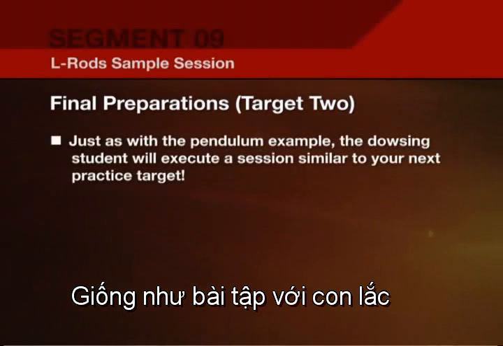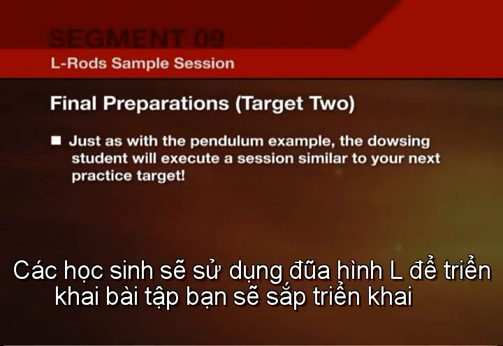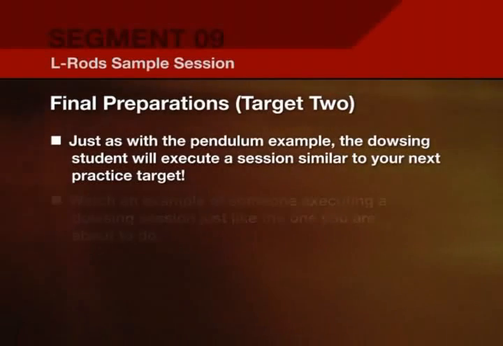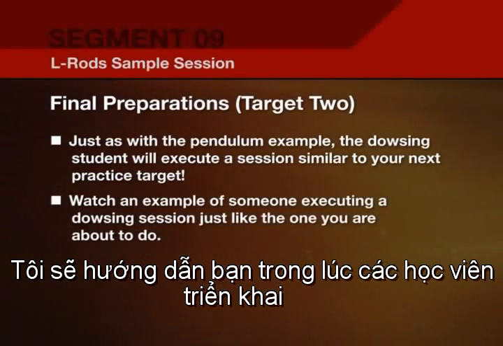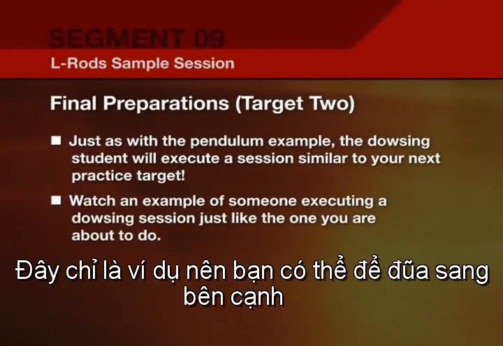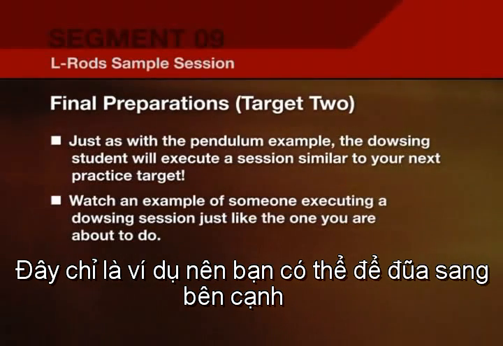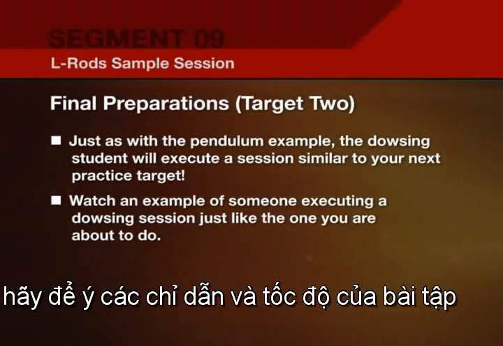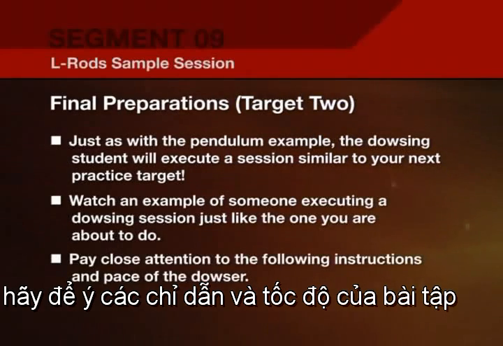Just as with the pendulum example, the dowsing student will execute a session similar to your next practice target. I'll walk you through what's going on and what you should be thinking as the student performs the dowsing exercise. Remember, this is only a sample, so you can set down your L-rods. Be sure to pay close attention to the following instructions and pace of the dowser.